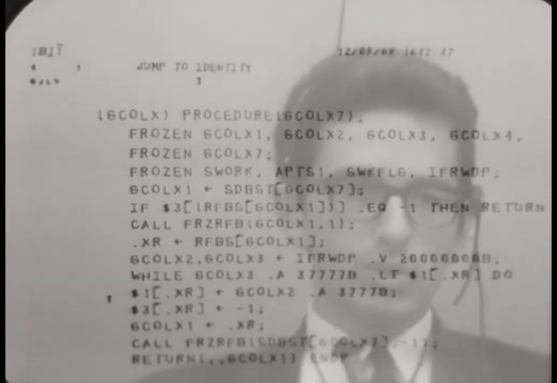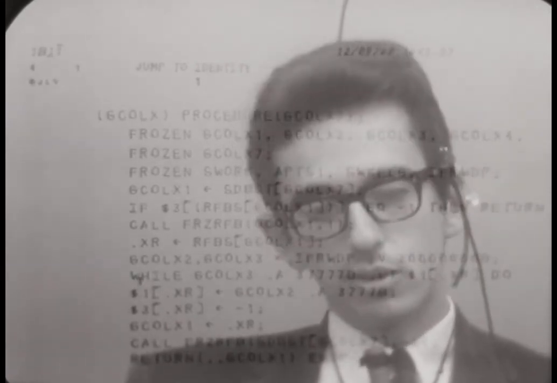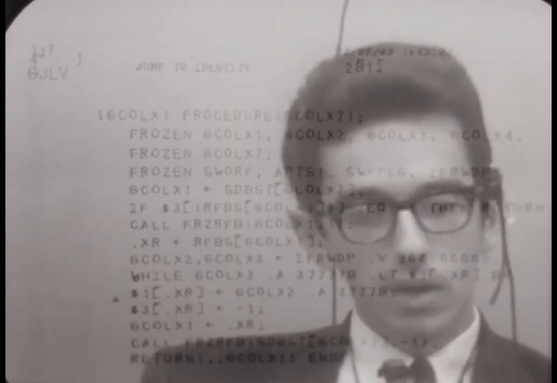This language has helped us write the kind of fast, tight code that we have to have to operate in the time-sharing system, and at the same time, it's given us a lot of flexibility. The phrase structure of the MOL is also designed to mesh with the block structure of NLS. So here I've got a while statement.